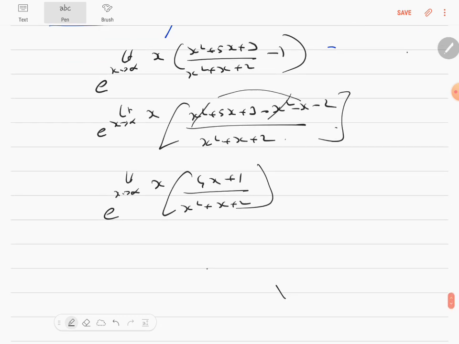And you should get it in the form 1 by infinity so that it can become 0. There is an x here. Let me think. If I take this x inside, it's e to the power limit of x tends to infinity, 4x square plus x by x square plus x plus 2.